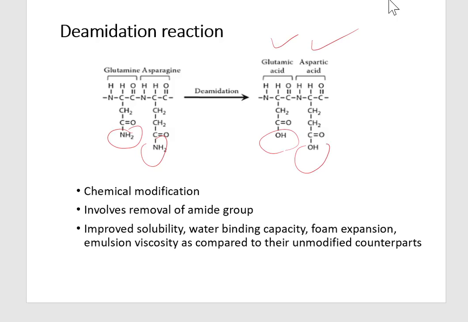So there is an increase in negative charge and increase in hydration with liberation of carboxyl groups. So as a result, there will be improved solubility, water binding capacity, foam expansion, and emulsion viscosity as compared to their unmodified counterparts. Okay.